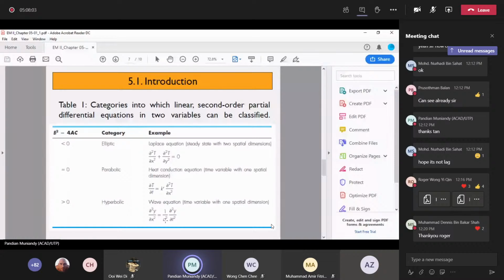So B squared minus 4AC less than 0 is elliptic. B squared minus 4AC equals 0 is parabolic. B squared minus 4AC greater than 0 is hyperbolic. So our concern is we want to solve these equations, class. But not all, we will pick one of them. So we have a lot of limitation here. We assume that if you can solve one of them, it is enough.